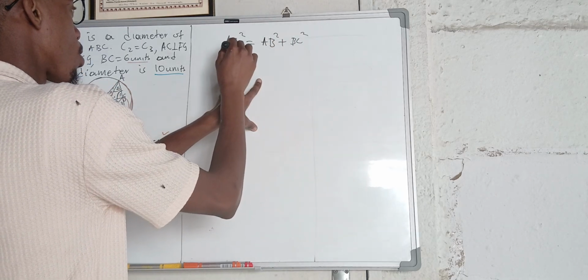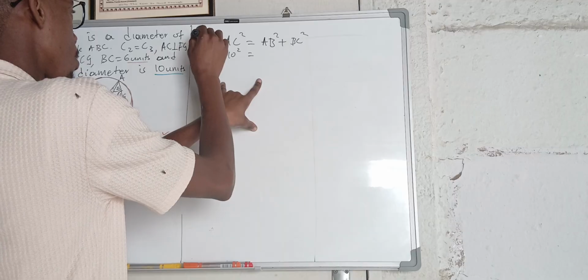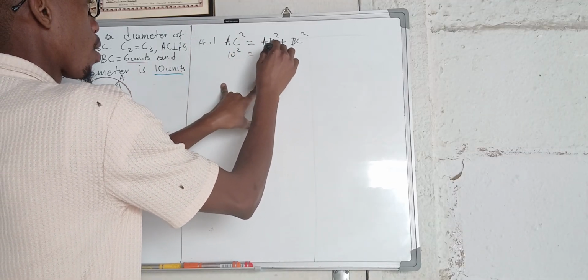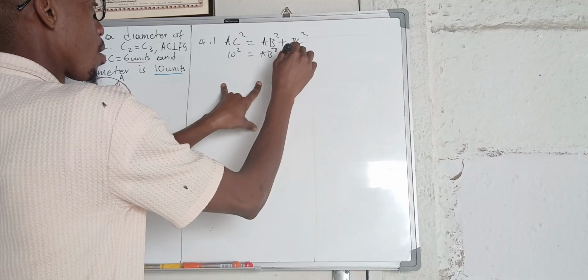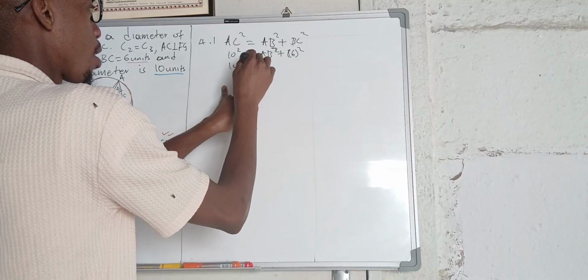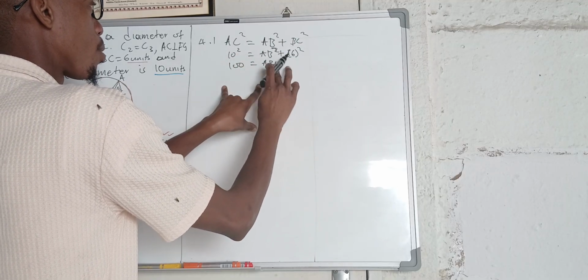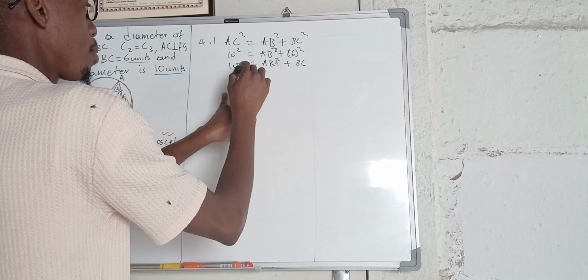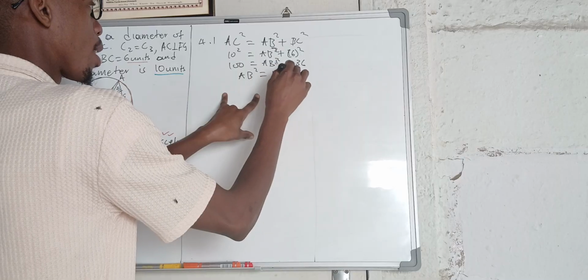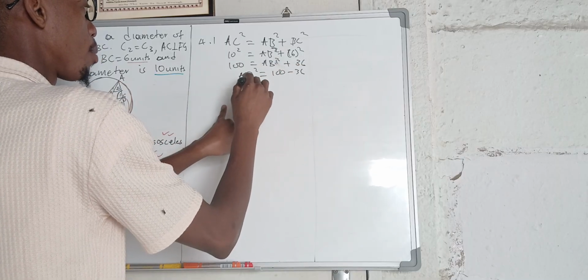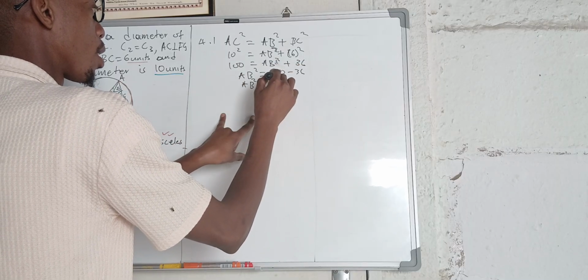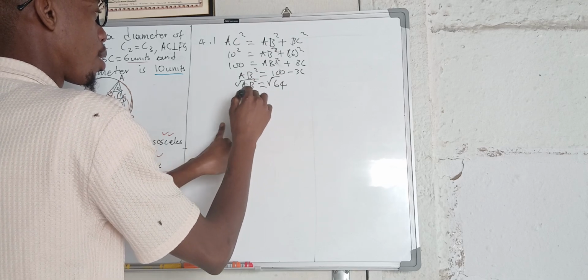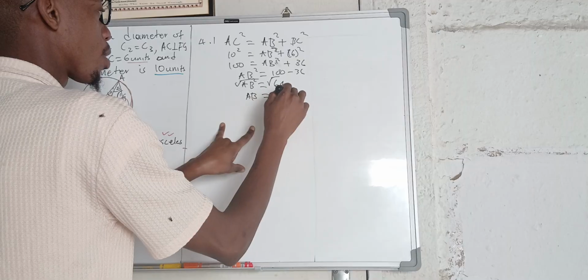I'll be having 10 squared equal to AB squared plus 6 squared. 100 equals AB squared plus 36. And then AB squared is going to be 100 minus 36. And I'll have AB equal to the square root of 64. And then AB is going to be equal to 8 units.